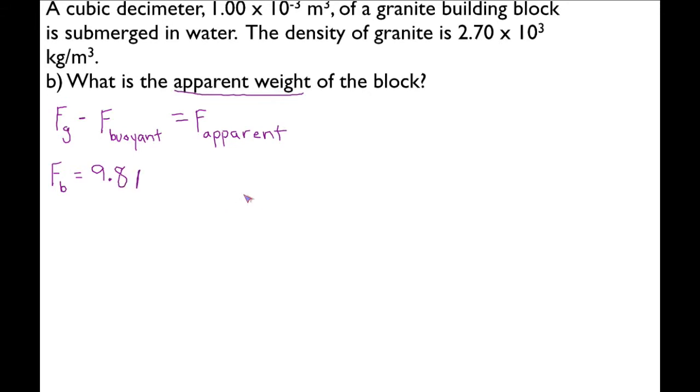And then we have the density of our object, which is 2.7 times 10 to the 3. Our volume is still 1 times 10 to the negative 3. And G is still going to be 9.8.